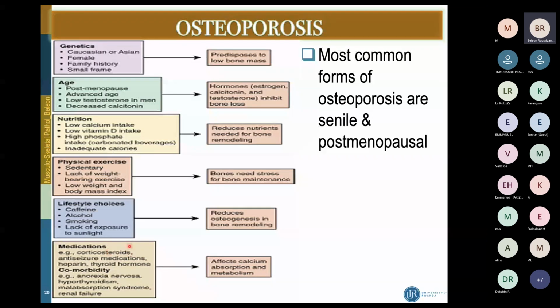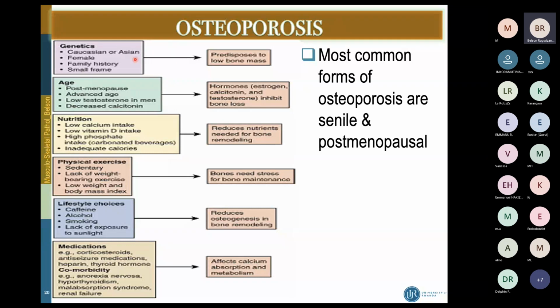So medications, abantu bafashe corticosteroids, anti-seizures medication, so abafite indwara ivura igicuri and so on. Heparin, thyroid hormone and so on. So comorbidity, abantu bafite anorexia nervosa, those who don't want to eat, so psychologically they induce the loss of appetite and so on.